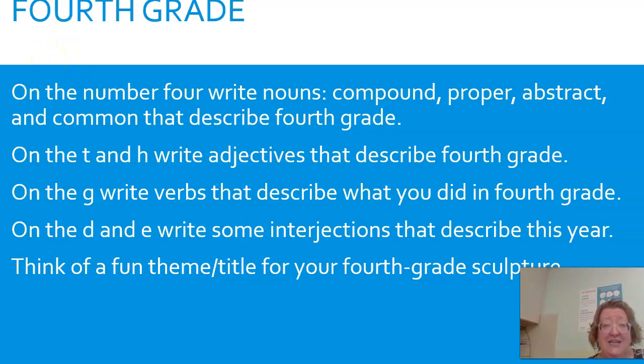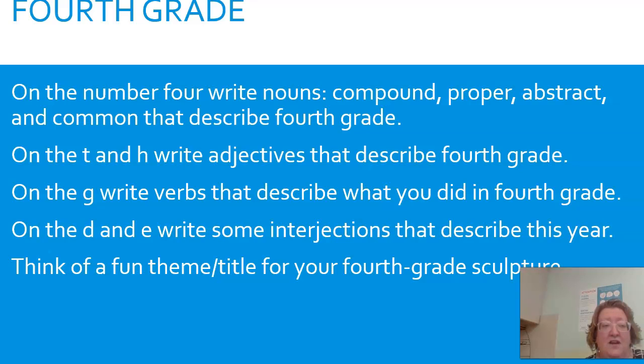There you should see the words fourth grade. And now we're going to make this a word sculpture. We're going to put words inside certain letters of the word fourth grade. And I don't want you just to stop at 3 or 4. I want you to try and fill these letters with the correct words, the part of speech.